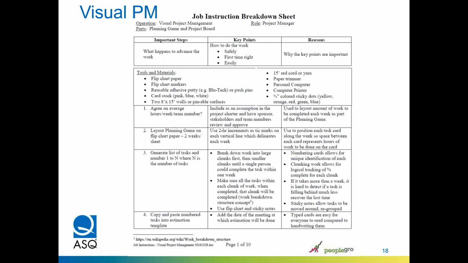Very effective, it shows step by step what needs to get done, the key points associated with what needs to get done, as well as the reasons for those key steps. And so this again is a resource that's available to you as part of the downloaded handouts. And it basically goes through what I've gone through in the presentation, but in a little more detail.